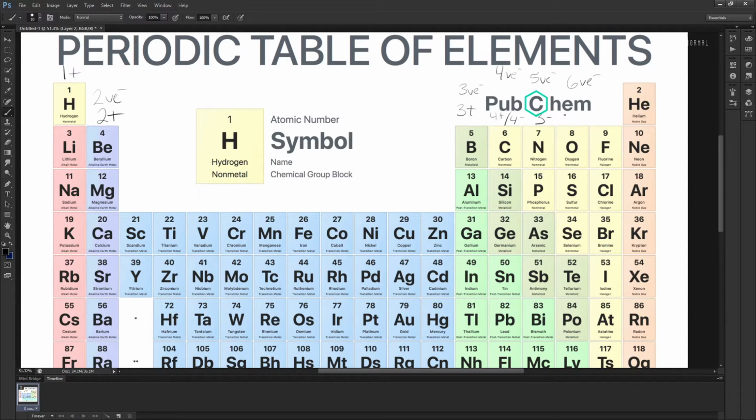Oxygen has 6 valence electrons, so that's a 2 minus charge. With 7 valence electrons, fluorine needs 1 more, so it's going to gain 1. And because the noble gases have 8 valence electrons, they don't participate in ionic bonding.